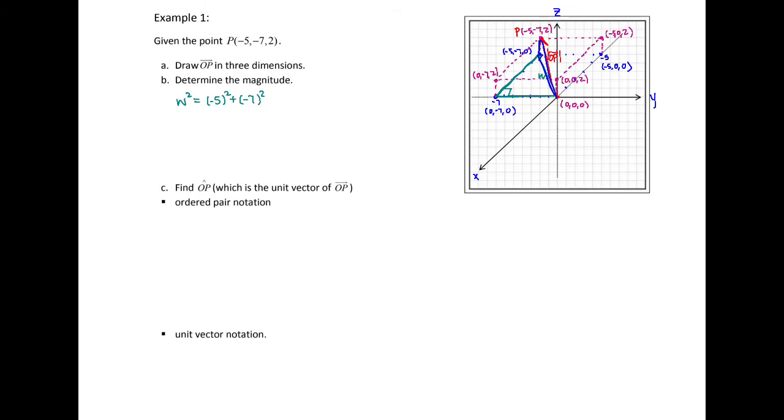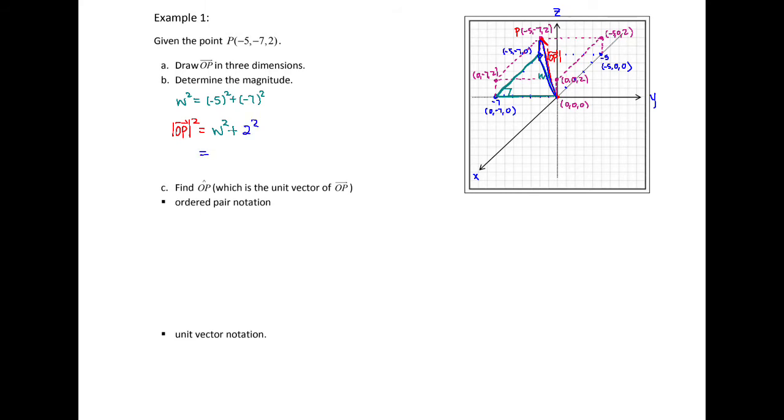So the magnitude of OP squared equals W squared plus the height, which is the z component of the vector OP, which is 2.